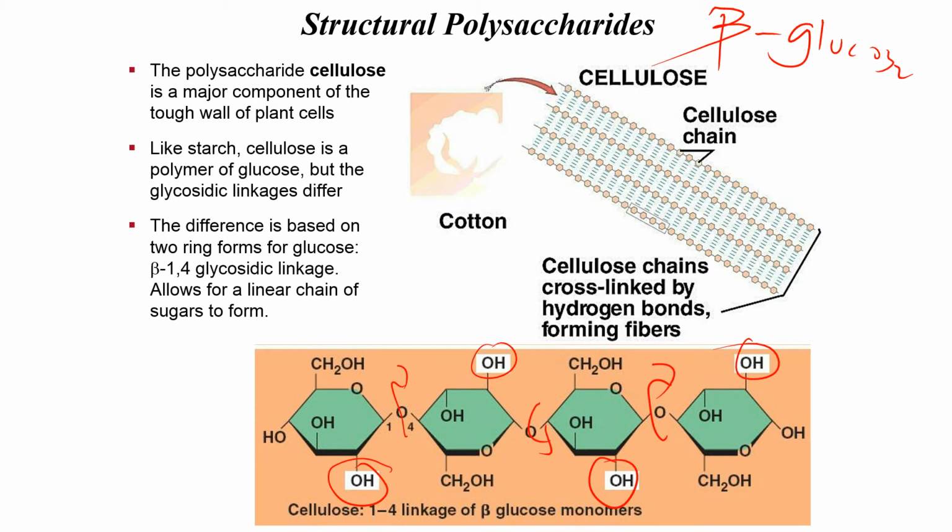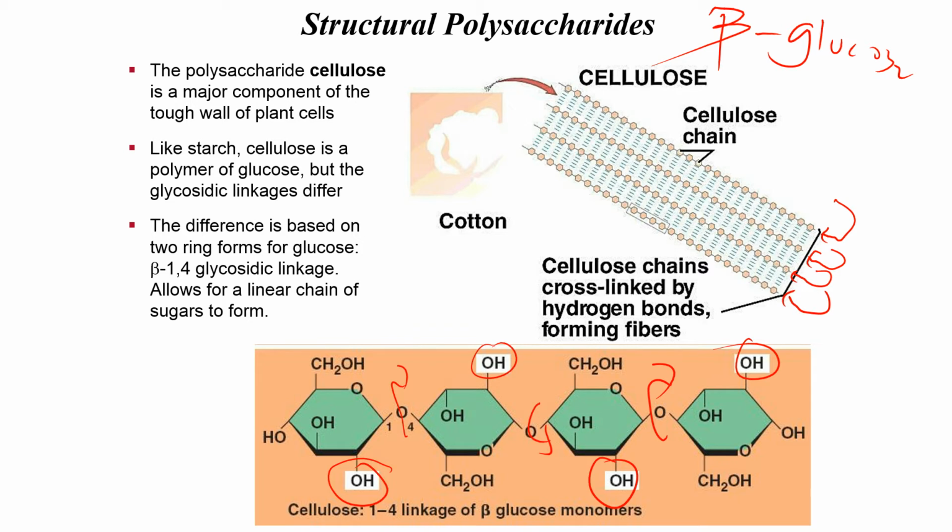Now, this orientation is really cool, because look, you have a chain of beta glucose sugar molecules there, a chain of beta glucose sugar molecules there, a chain here and a chain here.